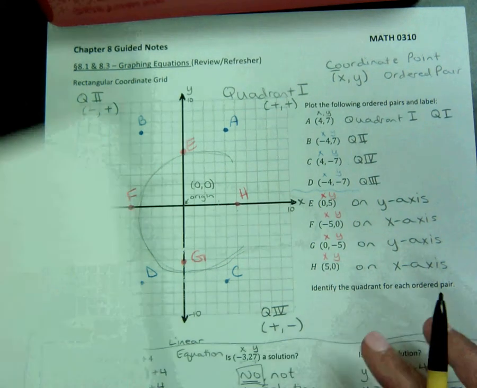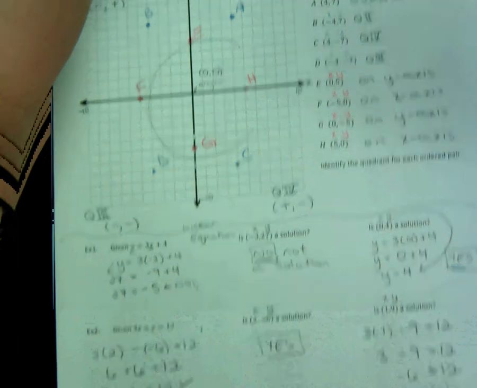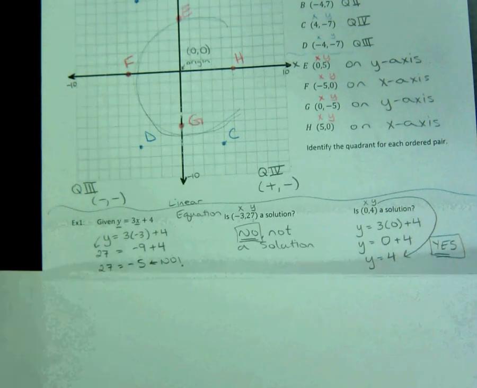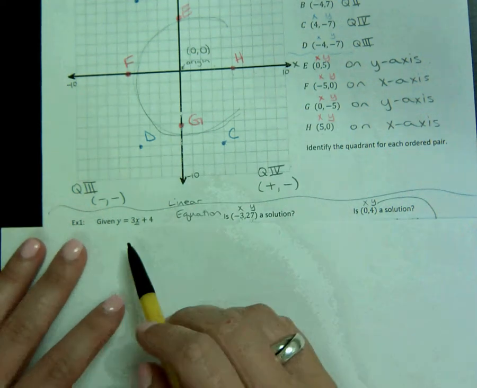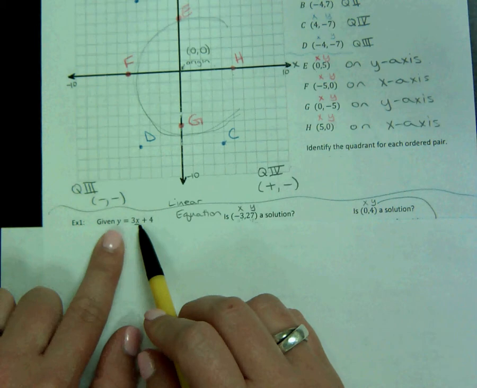After that, we kind of stepped off of the grid and just looked at some linear equations. So the bottom half of that page, we're just working out some linear equations. If you're given a linear equation, notice there's an X and a Y in the equation. That's what makes it a linear equation.